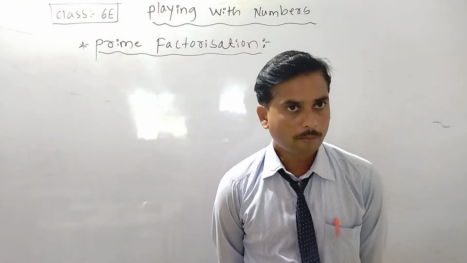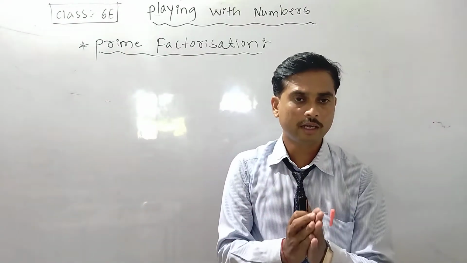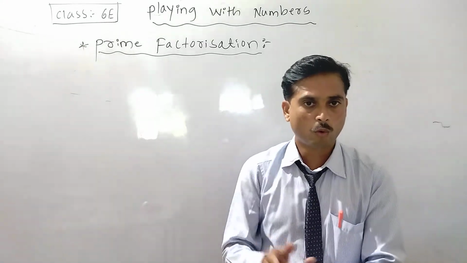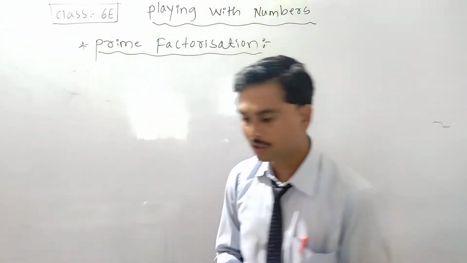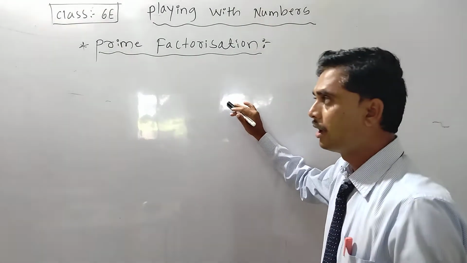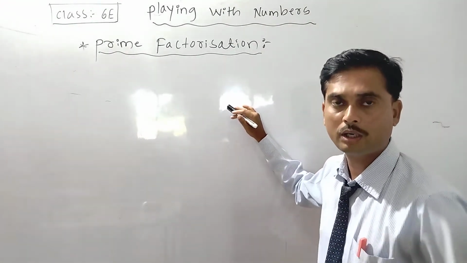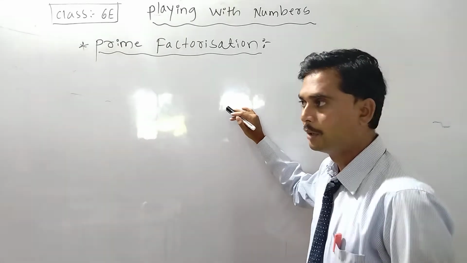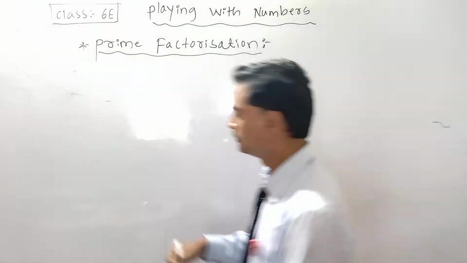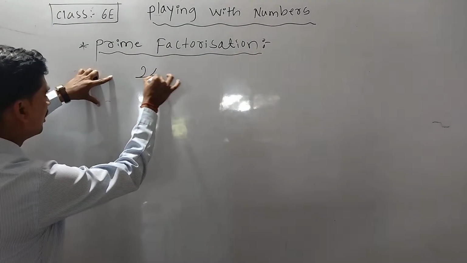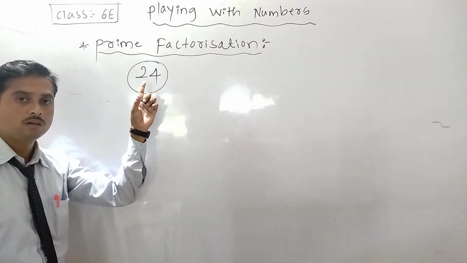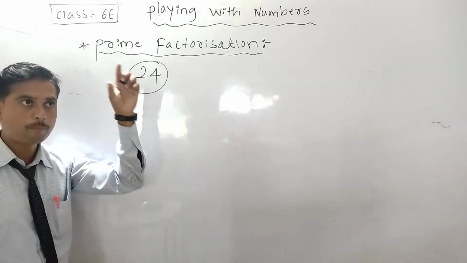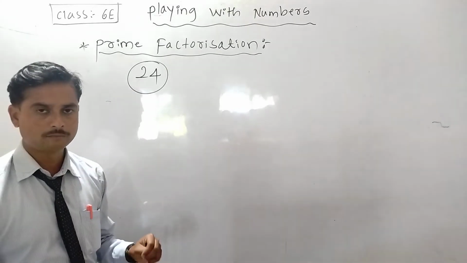They are given one number. You have to divide that number only using prime numbers, because you know already how to draw the factor tree. Factor tree means here 24 is there. This 24 is the product of two numbers.